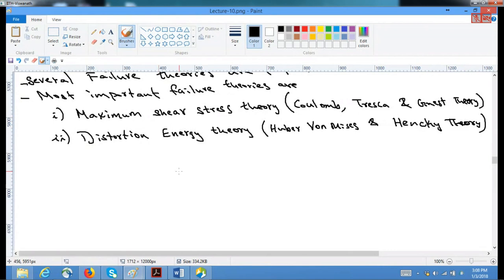These theories are quite important for ductile materials. Then the later versions have also been obtained, like ductile Coulomb-Mohr theory.